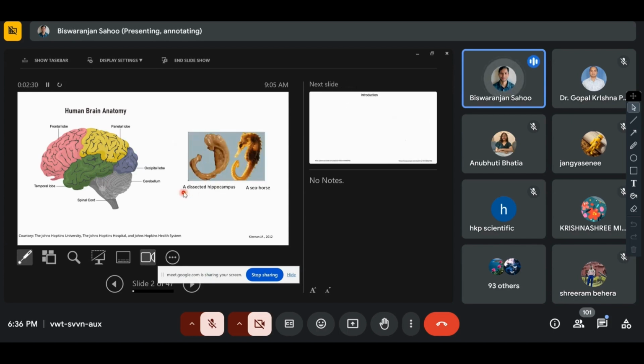So why has the name hippocampus been used? In this photo, the left side is a dissected hippocampus from a human, and this is a seahorse, a marine fish whose scientific name is hippocampus. The shapes look very similar, so that's why they coined the term.